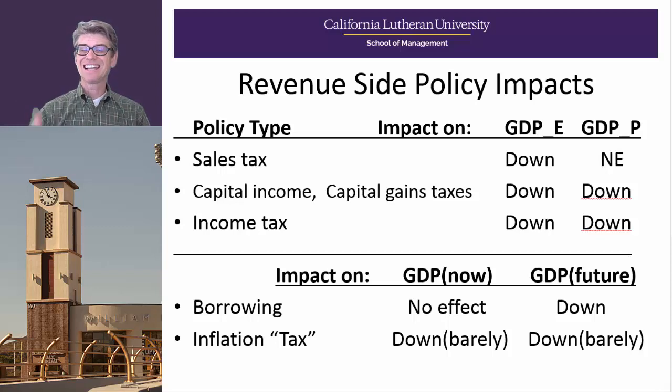Well, because they're raising taxes in the future, so for my GDP future, I'm going to have taxes going up. The taxes they're going to use are these three taxes in the upper panel. And we've shown that they generally have a negative effect at the time that they're raised, at some future point in time. So GDP would go down at that future point in time when the taxes are raised to retire some of the debt. Okay, that's borrowing.